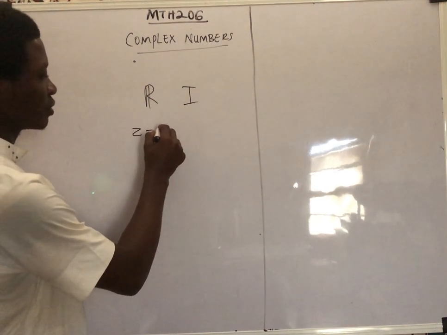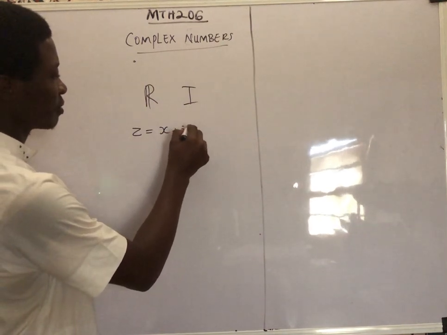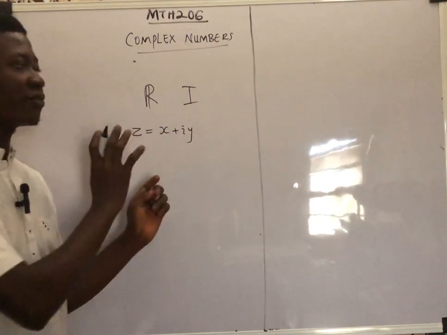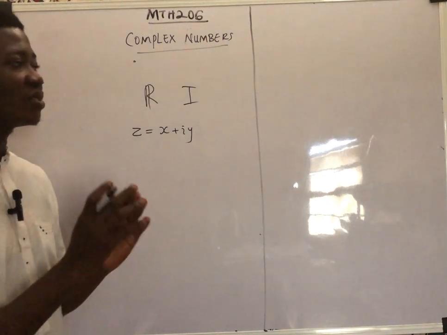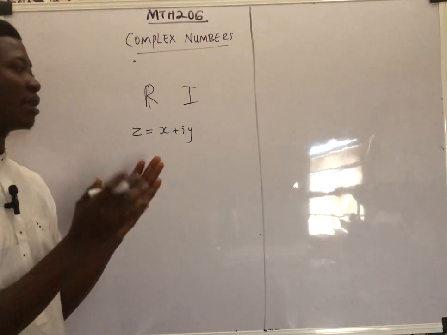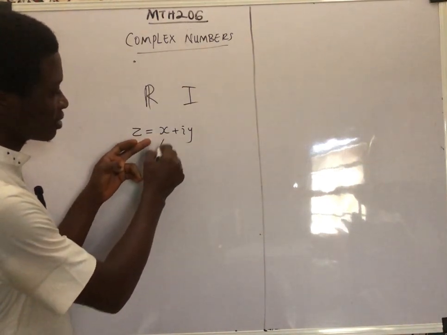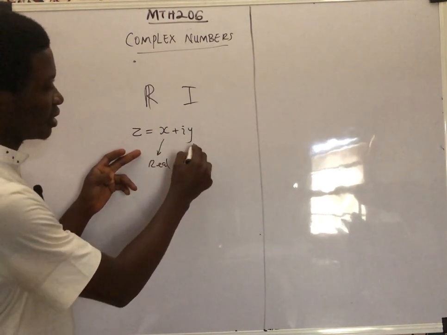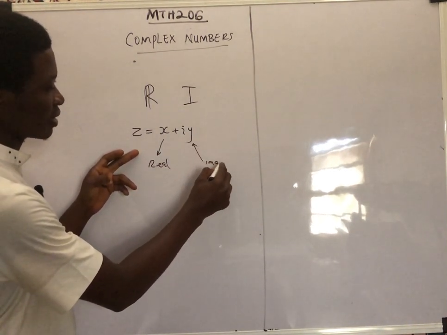Z is equal to x plus iy. Looking at this standard form explains what exactly a complex number is all about. This is the real part, and this is the imaginary part.